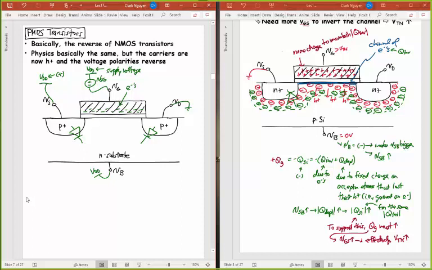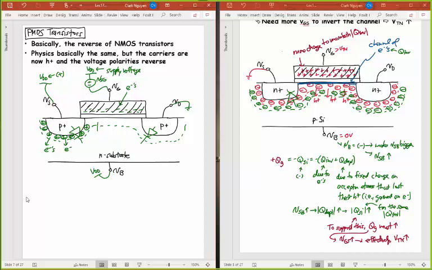You know that we're going to generate a depletion region around my diodes, basically pushing, whoops, this will be a depletion region that's going to be positive charge. So we're basically pushing out electrons when we form this depletion region of positive charge.